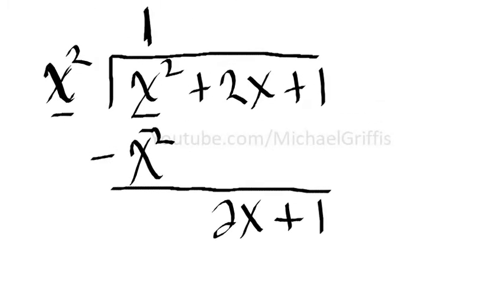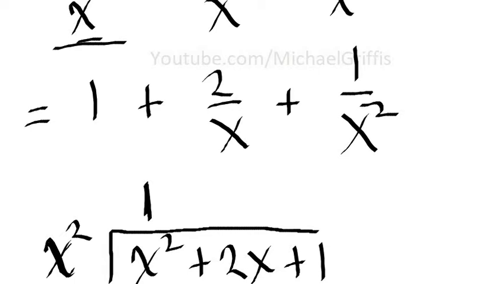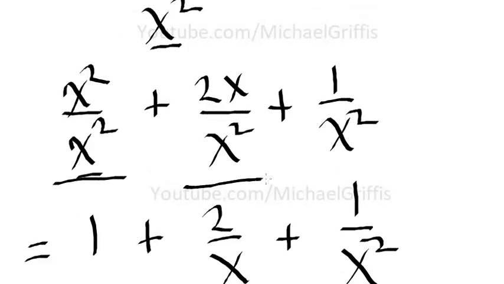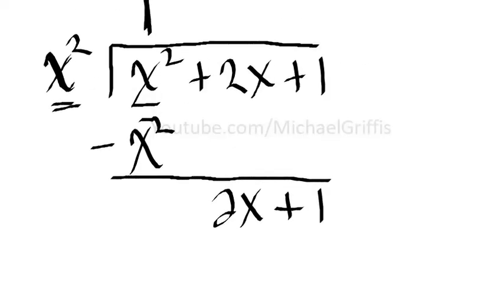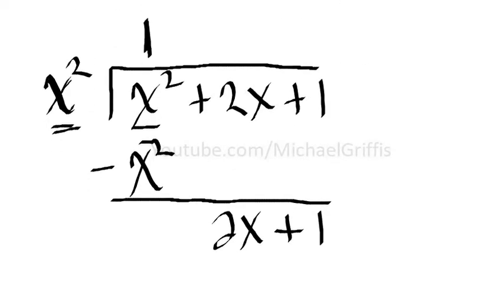Now x squared goes into 2x, and that's what we would be doing here, just rewriting this. That's 2x over x squared, and that becomes, what did it become?